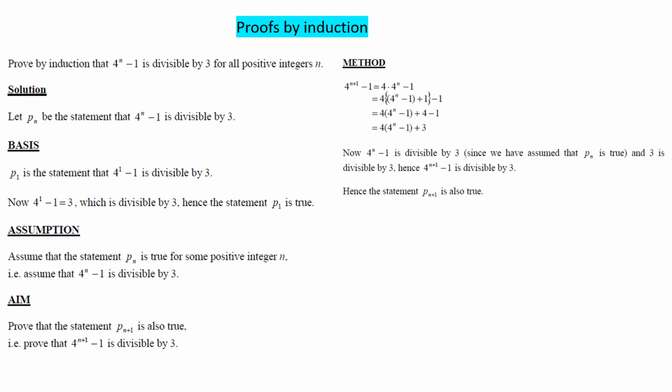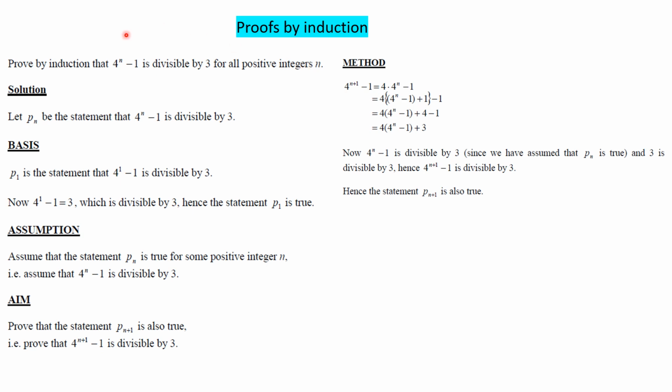Okay, the last method is proof by induction. And this one is, I would say, the most common method. There are three main steps in this method. We want to prove that 4 to the power n minus 1 is divisible by 3 for all positive integers n.